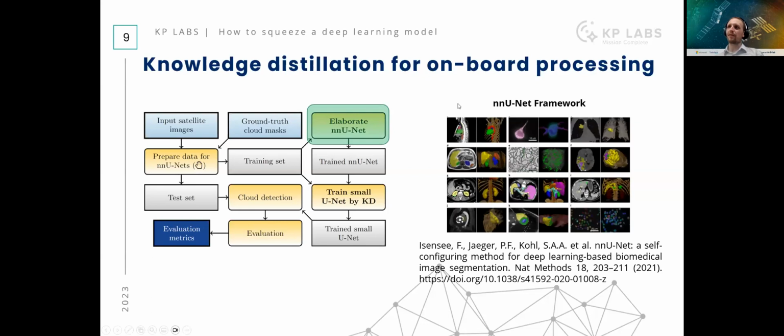Here is an actual example of how we could utilize this large capacity learner to have a big and well performing model. We built upon the nnU-Net framework, which is very well known in the medical image analysis field. It has been used for different tasks related to image segmentation in the medical field, so we know this kind of framework works very well for difficult data.